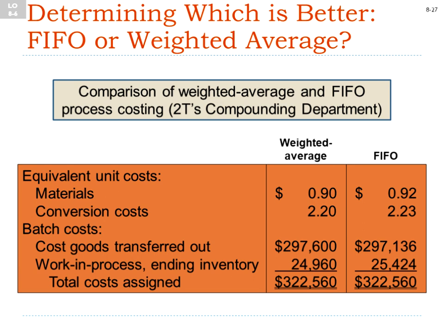So here's an illustration of the difference between the two methods and what can result from them. It shows here that if you're doing the weighted average method with these numbers, materials cost is 90 cents per equivalent unit, and then $2.20 for conversion costs. For FIFO, materials cost is a little bit higher, and conversion costs are a little bit higher as well.